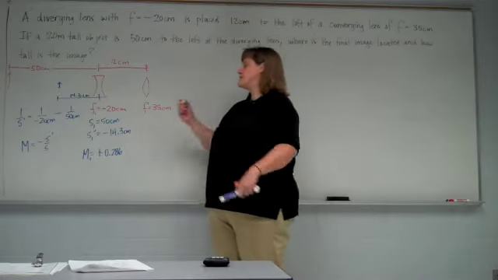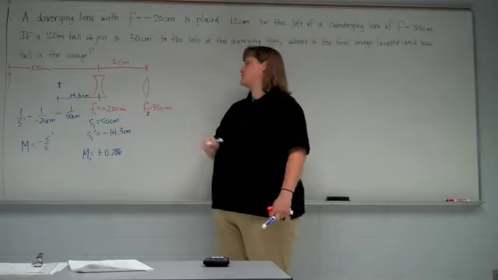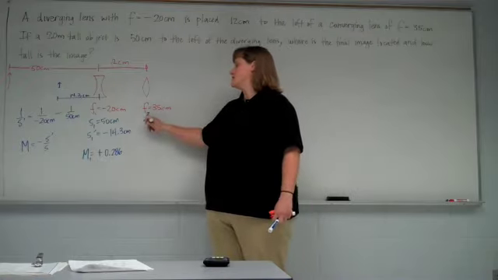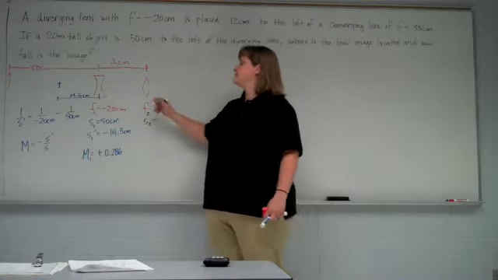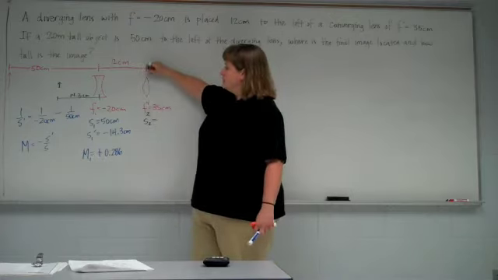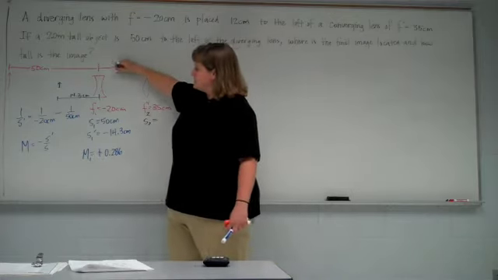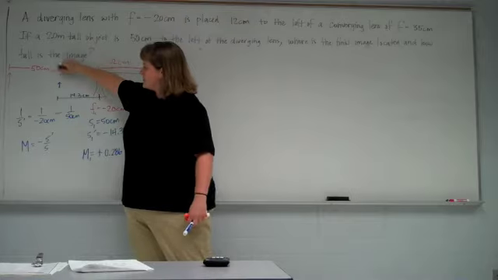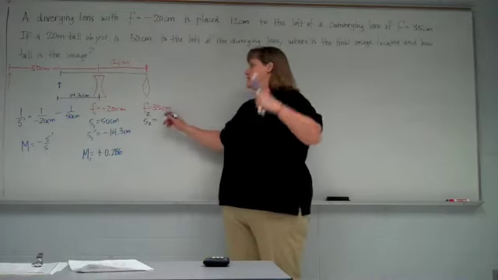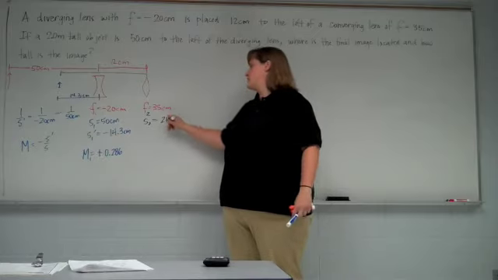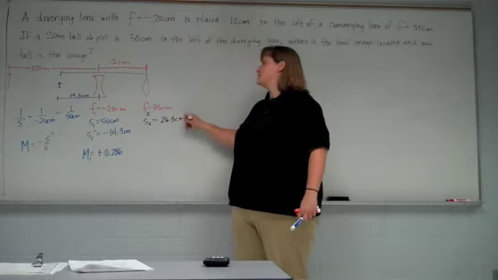So that image becomes the object for the second lens. S2 is 12 plus 14.3. S2 is the distance from our second lens to that image. So 12 plus 14.3, so 26.3 centimeters.